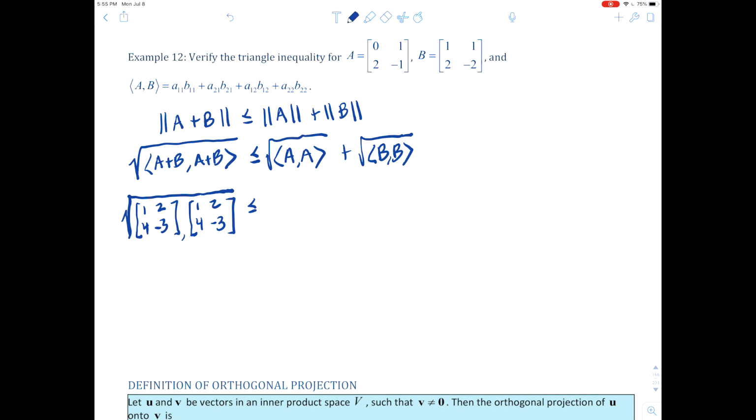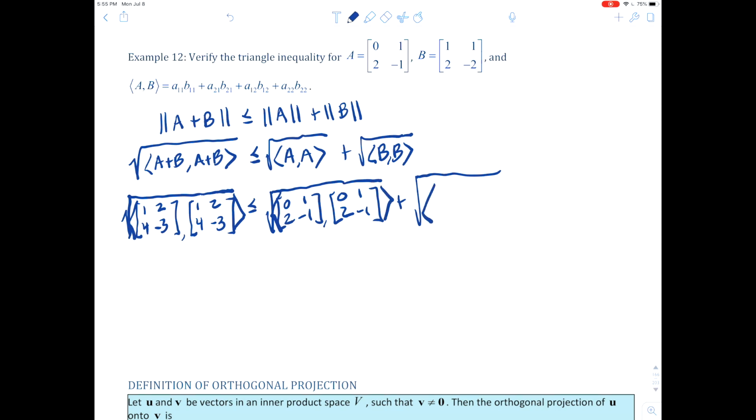And then on the right side, we'll have the magnitude of 0, 1, 2, negative 1 with itself, plus the square root of, and these should have inner product notation, inner product of B with itself.